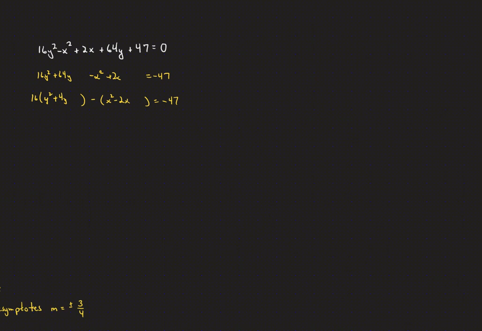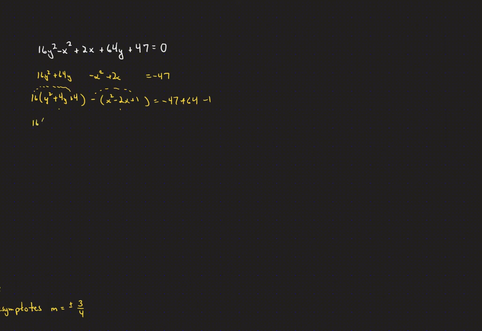And then we'll take half the 4, which is 2. 2 squared is 4. And so we'll add the 4 in there. That 4 will get multiplied by 16, and so we're going to add 64 here. Half of 2 is 1. 1 squared is 1. It's going to get multiplied by that negative 1, so we'll subtract 1 there.